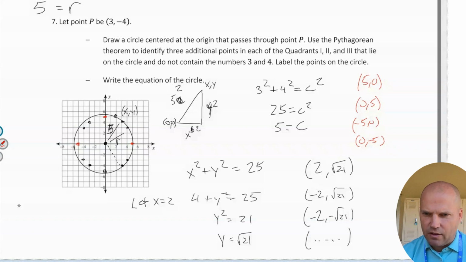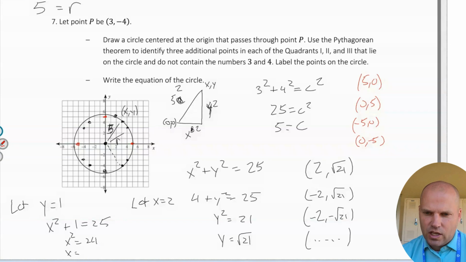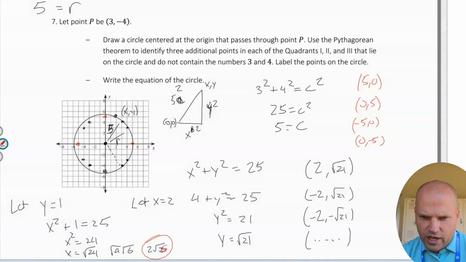I mean, pick something else. Let's let y equal 1. If y was 1, then I'd have x squared plus 1 equals 25. That means x squared would equal 24. That means x would equal the square root of 24, which is root 4 root 6, which is 2 root 6. So if x is 2 root 6, y is 1.